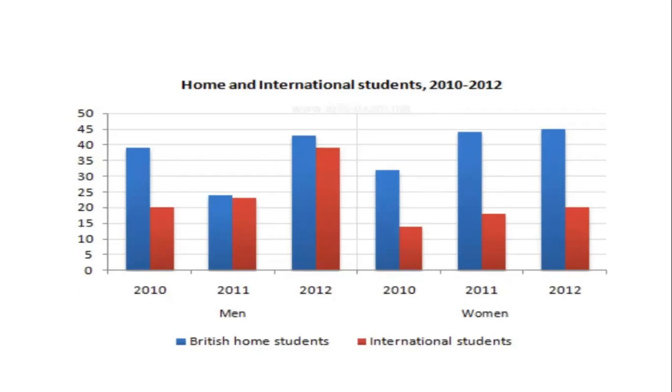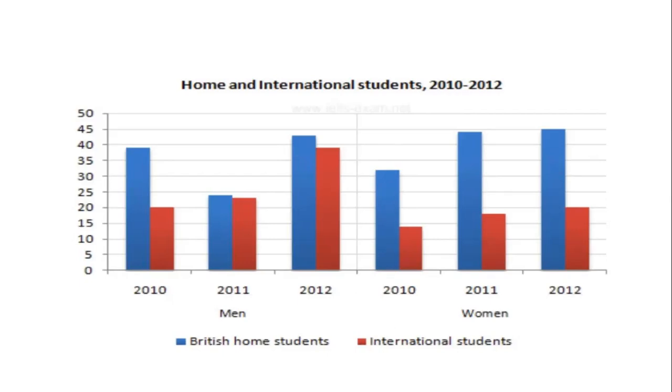So you can add the word British there, right? Another important thing, you have to see what is there on the x-axis. What we see on the x-axis is 2010, 2011, and 2012, that we've already specified in the title of the image. And then what is not mentioned is men and women. So we are also supposed to mention men and women.